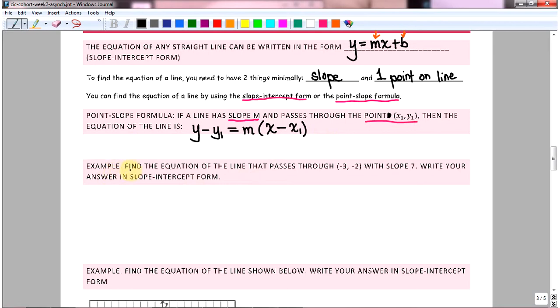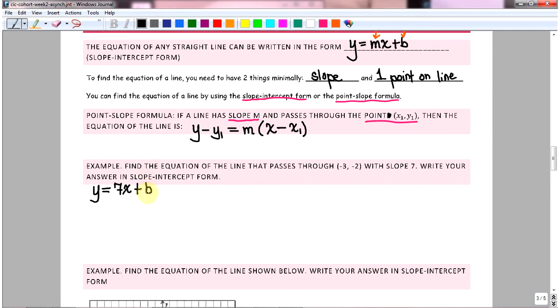So in the first example, find the equation of the line that passes through the point -3, -2 with a slope of 7. Write your answer in slope-intercept form. Okay, so if I want to do this using the slope-intercept form of a line, I know that the format will be y is equal to my slope, 7, times x, plus some number b.